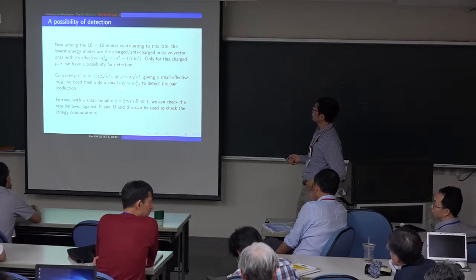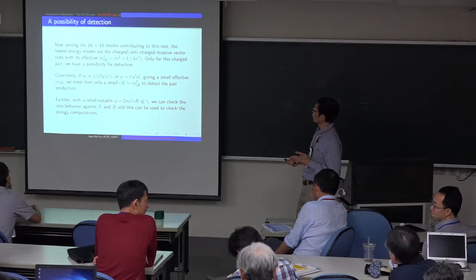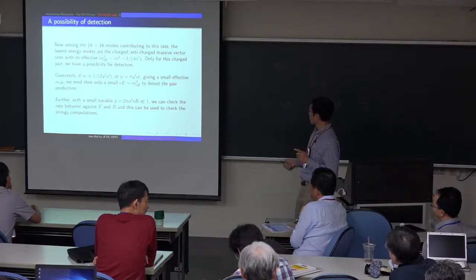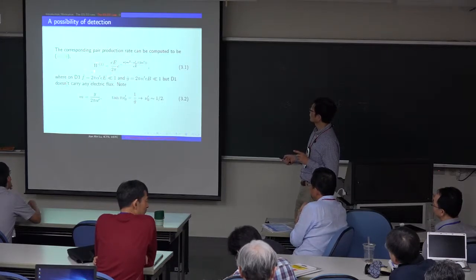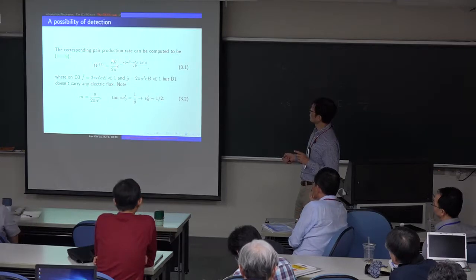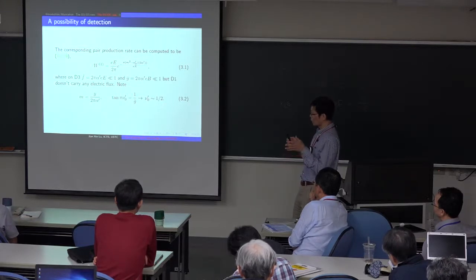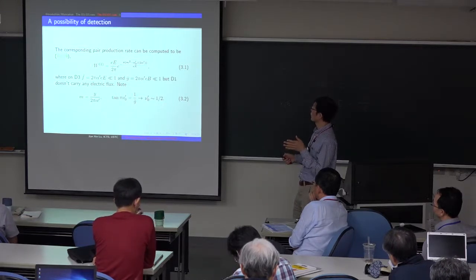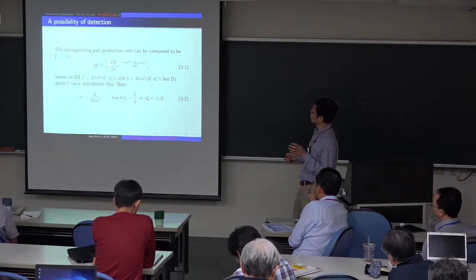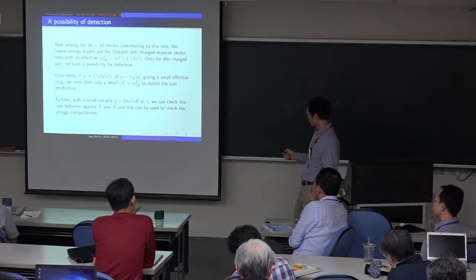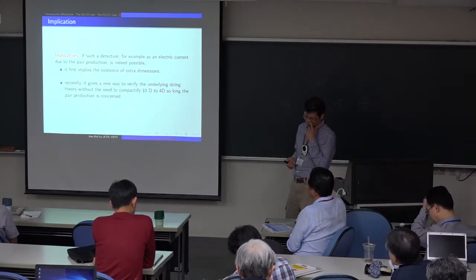The good thing, the reason we want to tune a small magnetic flux, is that if we want to experimentally check this rate, we have to check against the applied electric flux as well as the applied magnetic flux. For example, if you detect the current on the brane created by pair production, we see how that depends on the electric flux and magnetic flux in the lab.